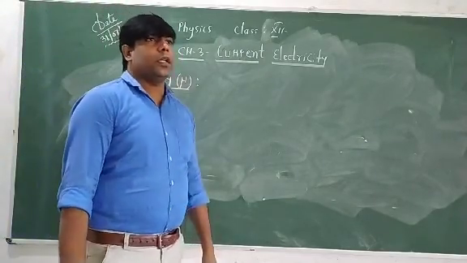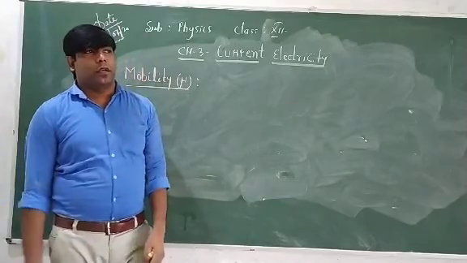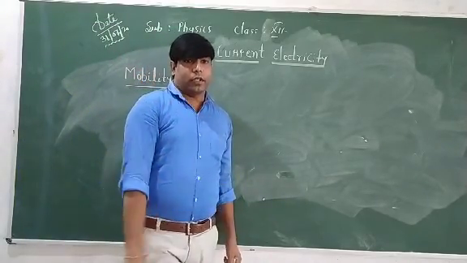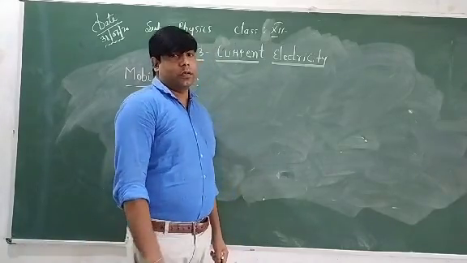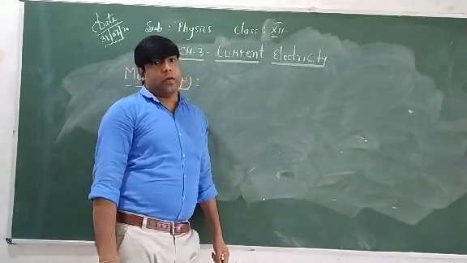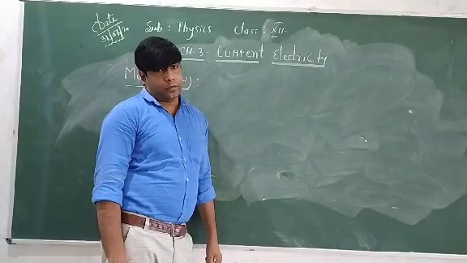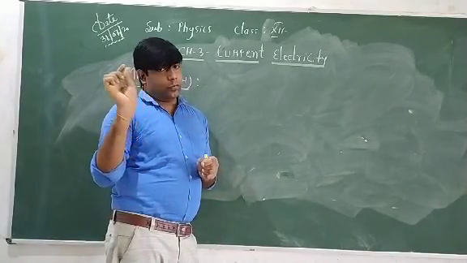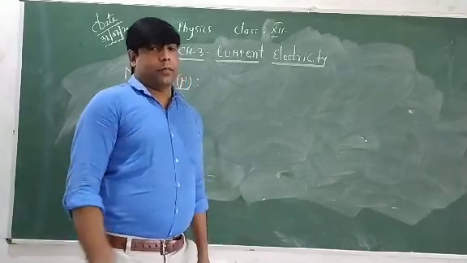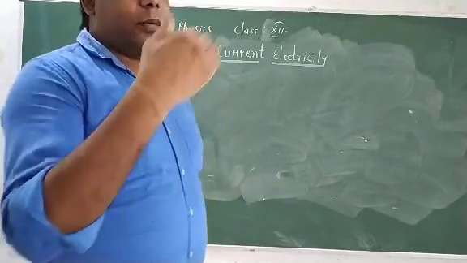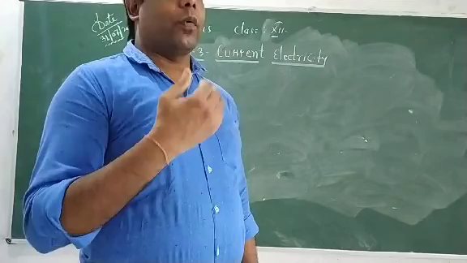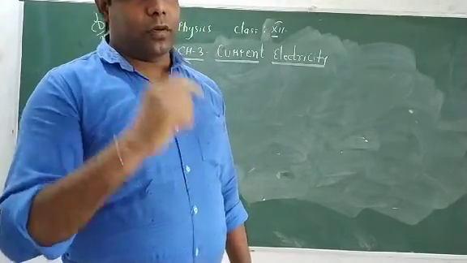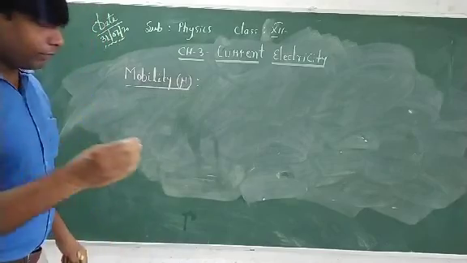So mobility is defined as the magnitude of drift velocity of the charge per unit electric field. When we apply an electric field, the electron will move with this drift velocity. That is the drift velocity acquired by the charge per unit electric field.